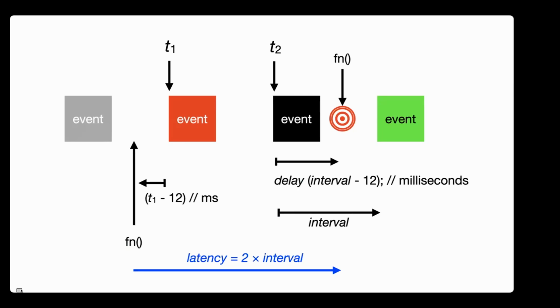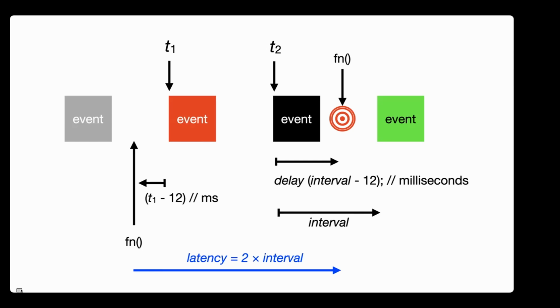I then call the delay function for an interval of the interval between events minus 12 milliseconds, which allows me to put the target exactly 12 milliseconds before the event after the event that I want. The solution does add automatic latency of 2 times the interval between events, but it solved my problem. This is how I call a function 12 milliseconds before the event occurs by cycle counting between events.